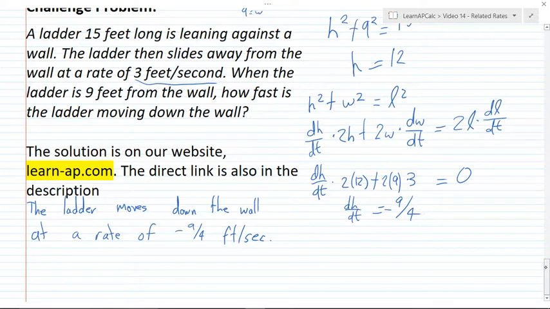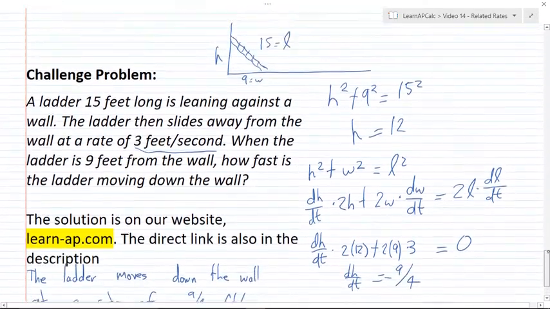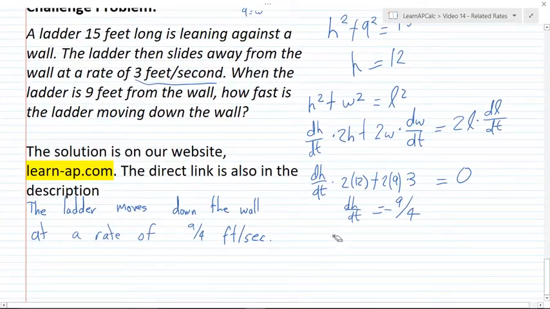If it's moving down the wall at a negative rate, that's sort of a double negative, and this would imply that the ladder is actually moving up the wall. So we actually don't want that negative. We say that the ladder is moving down the wall at a rate of 9/4 feet per second. Easy to get mixed up with that, but if you have a question on why that's the case, be sure to ask in the comments.